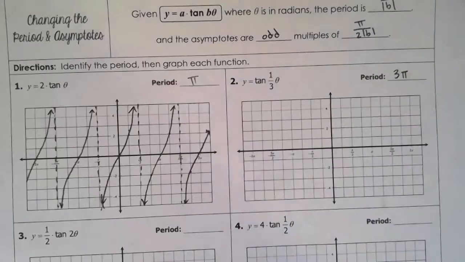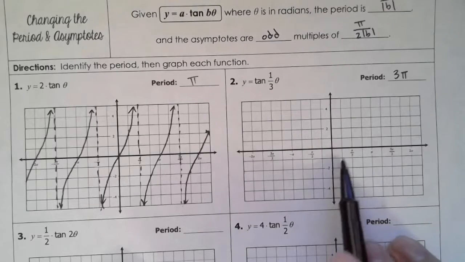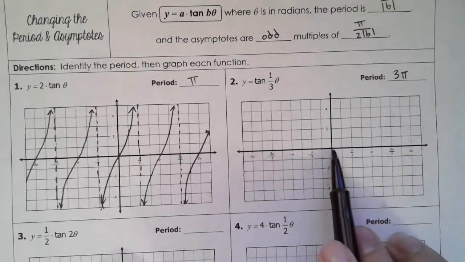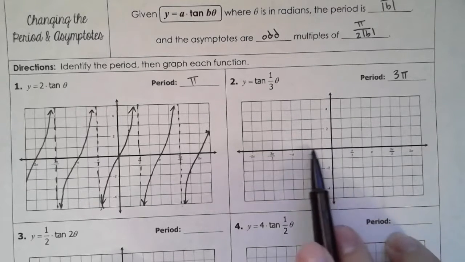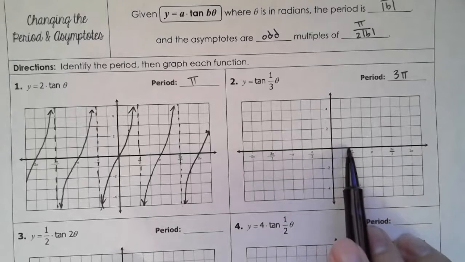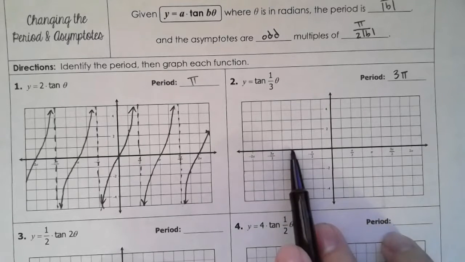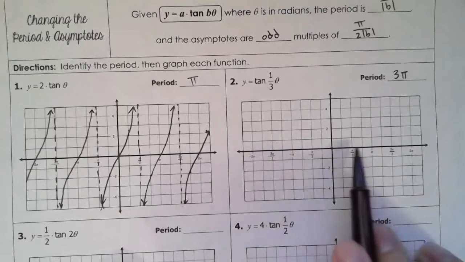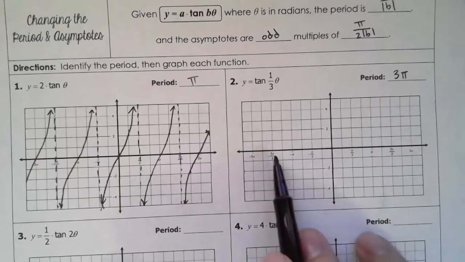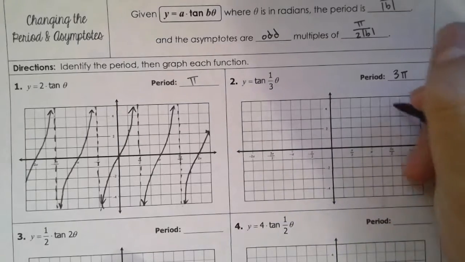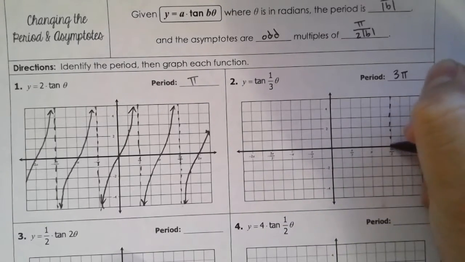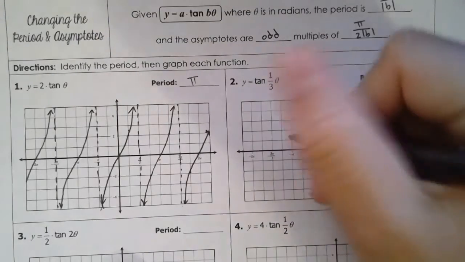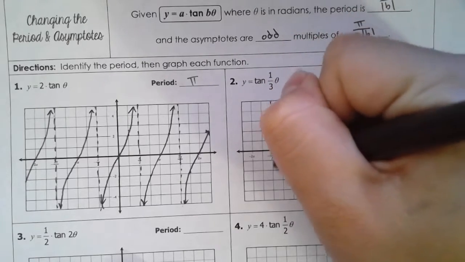So what is that going to do? Instead of just a pi distance between the asymptotes, I want 3 pi. Well, if I stretch from negative pi to pi, that would be 2 pi, so I have to go more: 3 pi over 2 and negative 3 pi over 2. So these are my new asymptotes.